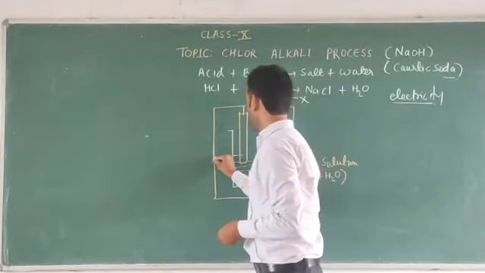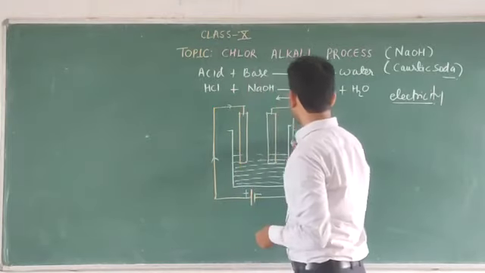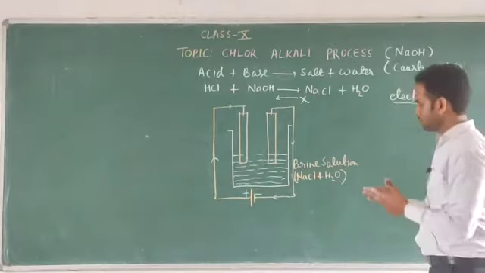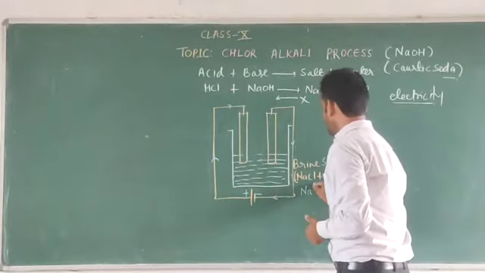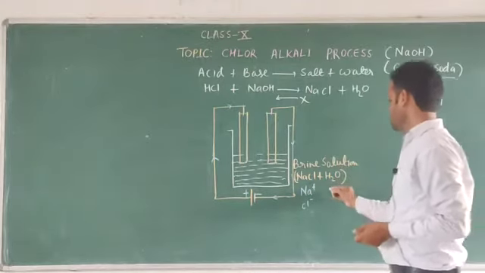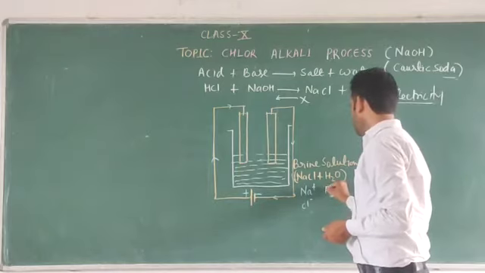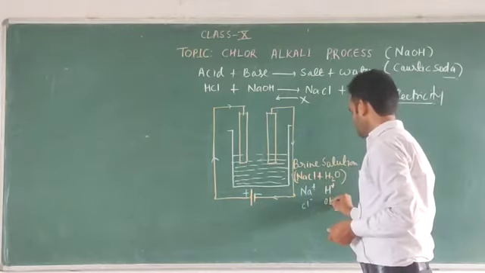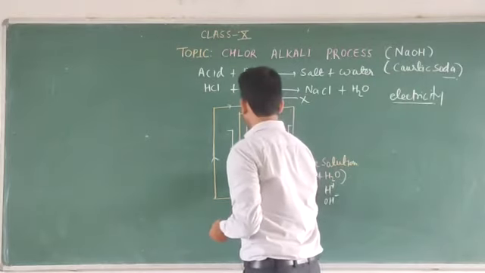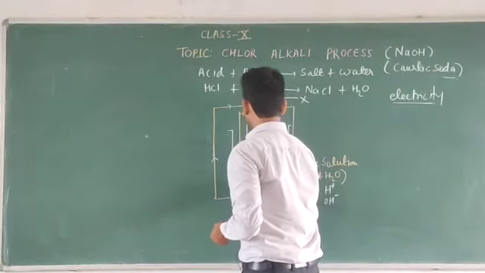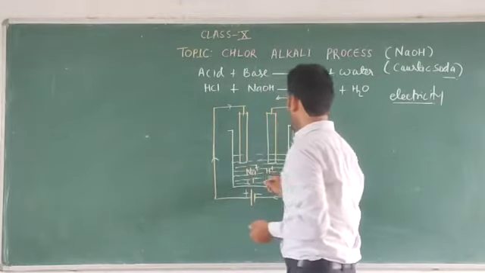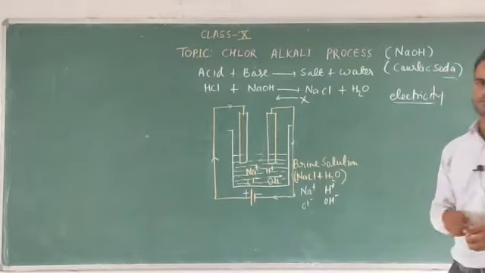When we provide electricity, sodium chloride will decompose into Na plus and Cl negative ions, and the H2O water molecule also dissociates into H plus and OH negative ions. So we have Na plus, Cl negative, H plus and OH negative ions in the solution.